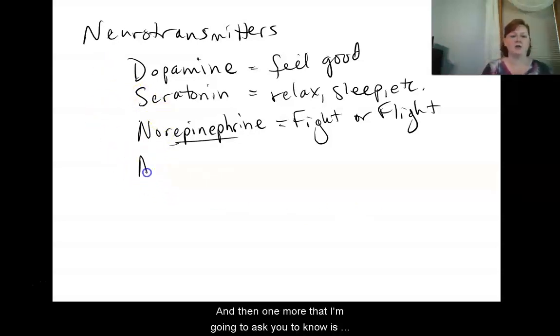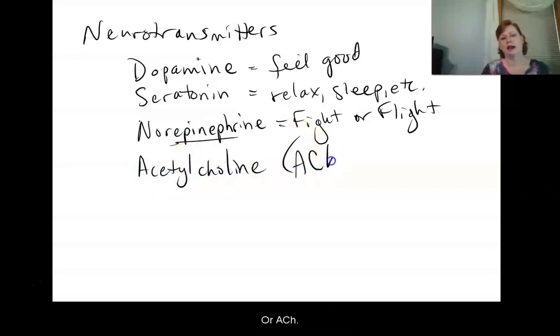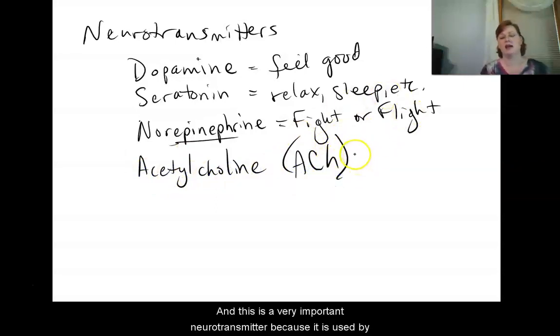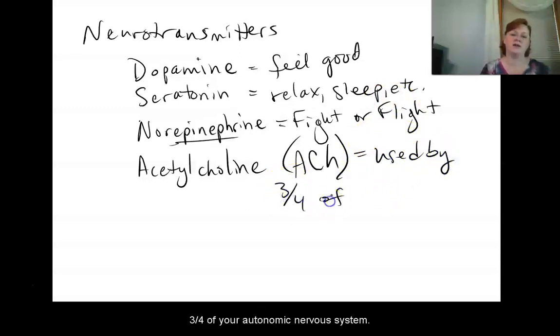And then one more that I'm going to ask you to know is called acetylcholine, or capital A, capital C, lowercase h. And this is a very important neurotransmitter because it is used by 3/4 of your autonomic nervous system.